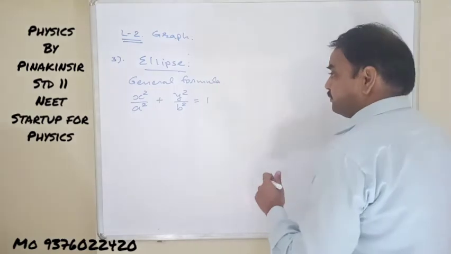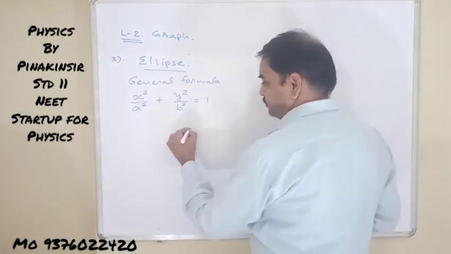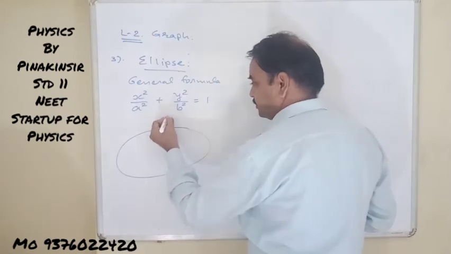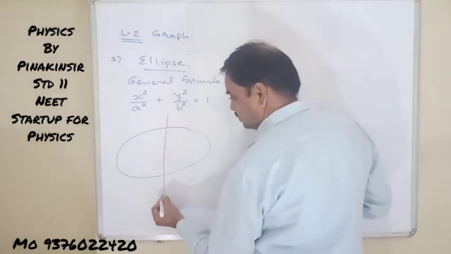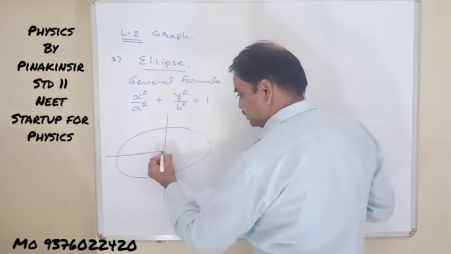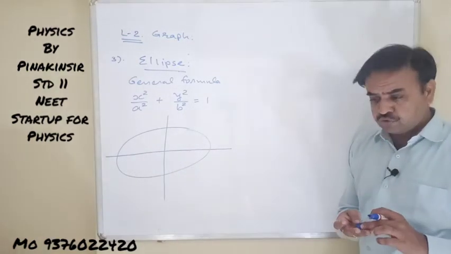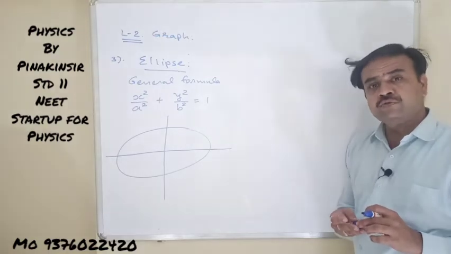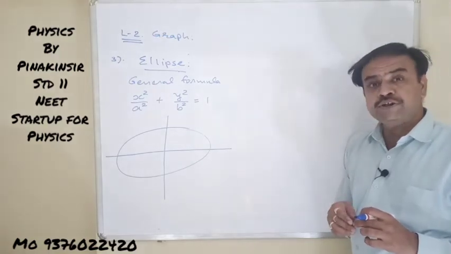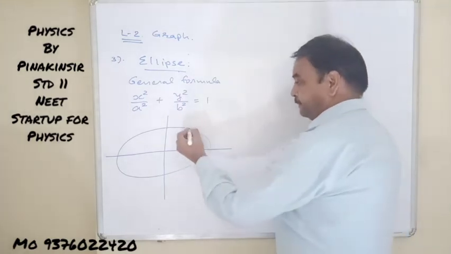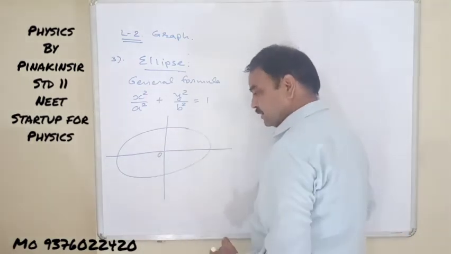If we draw the graph of this particular expression, it will be like this. A compressed circle is said to be an ellipse. You know very well, most planets are revolving around the sun in such elliptical orbits, not circular ones. This one is the center of the ellipse.